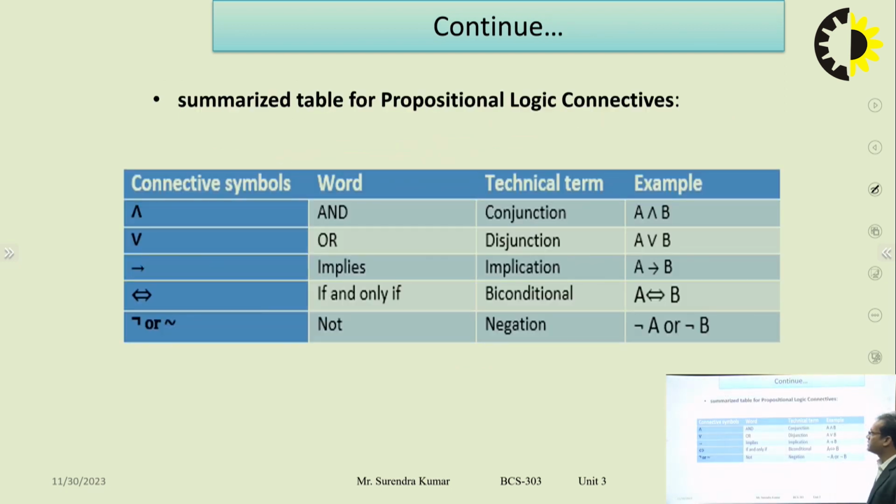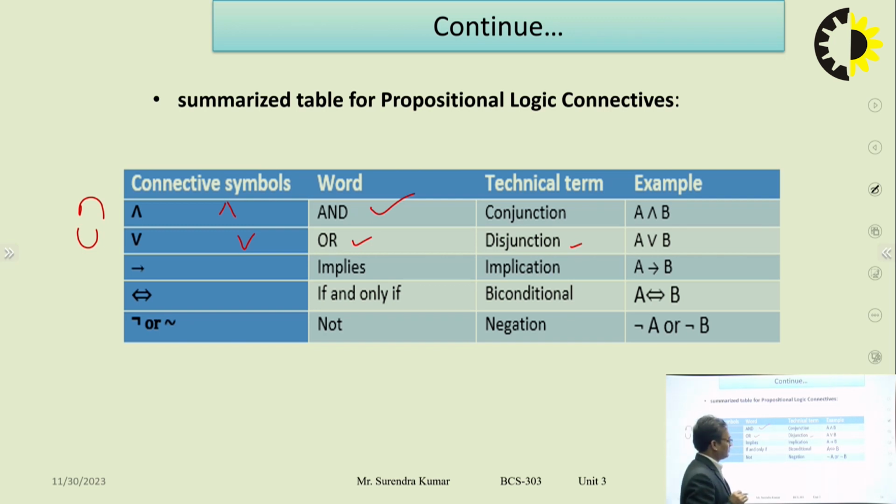Now next, this is the summarization of the proposition logic connectives. So till now we have discussed about and, that is conjunction, and represented by this symbol. This is or, disjunction, which is represented by V, or in some books it is equivalent to U symbol, it is equivalent to intersection symbol, right?